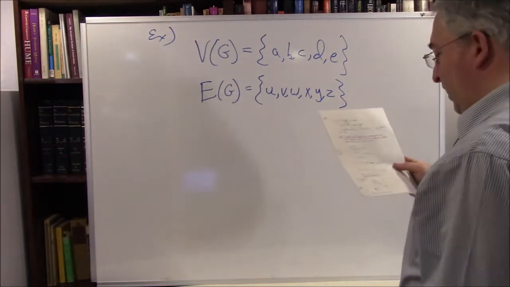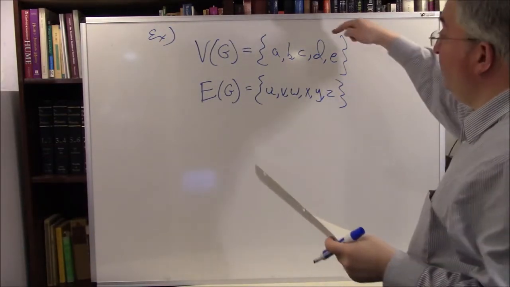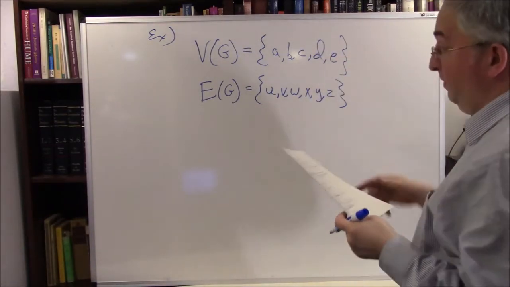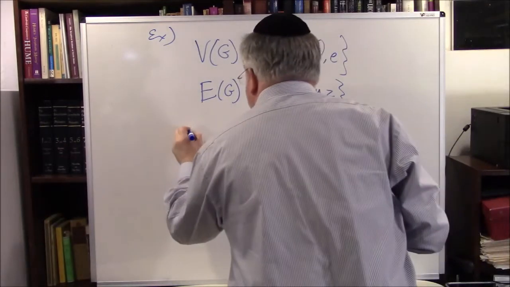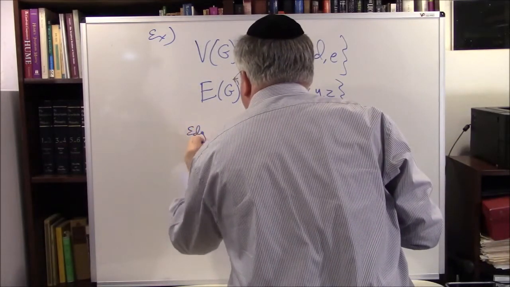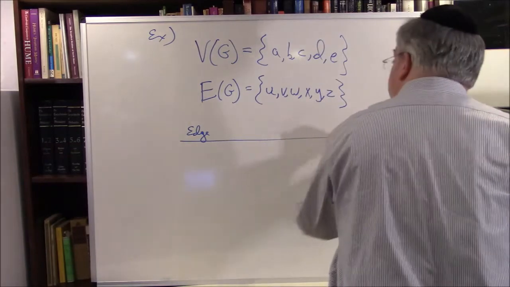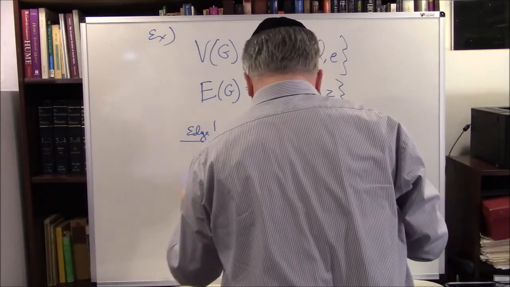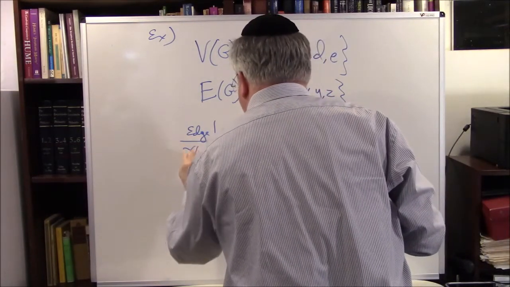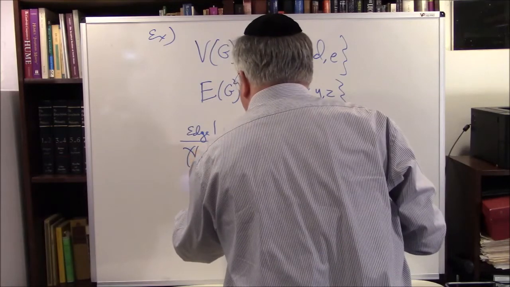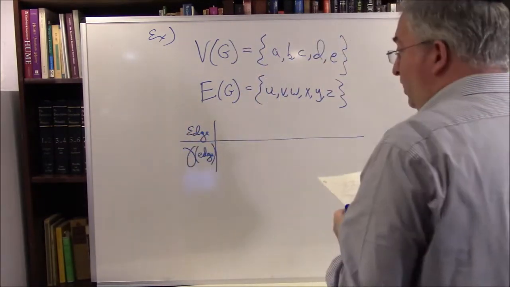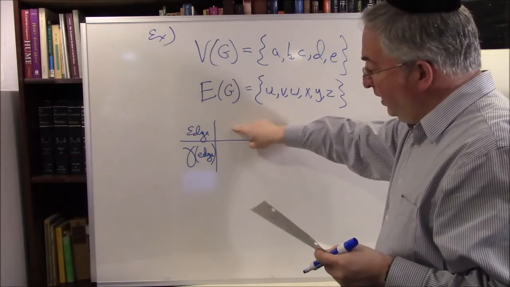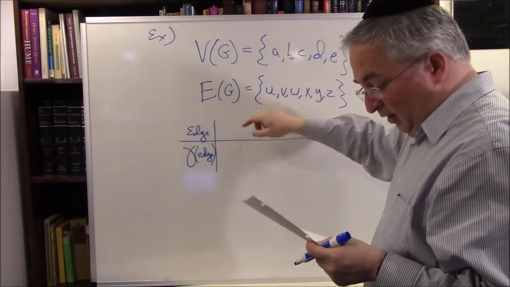Okay, and now I've got to tell you how the edges map to the vertices. So we're going to do as follows: the edge and the gamma of the edge. So this is the function. Okay, I'm going to give you an edge over here, and I'm going to tell you what the gamma is of that edge.